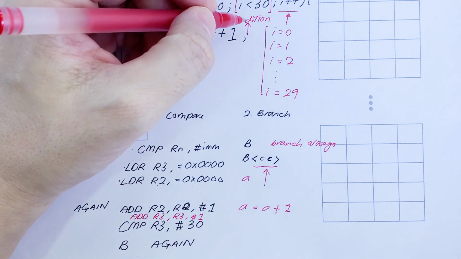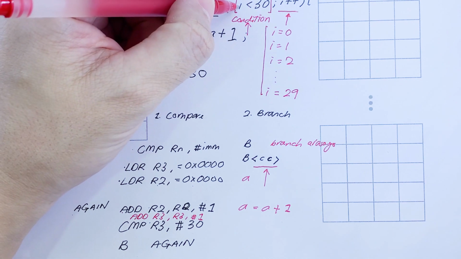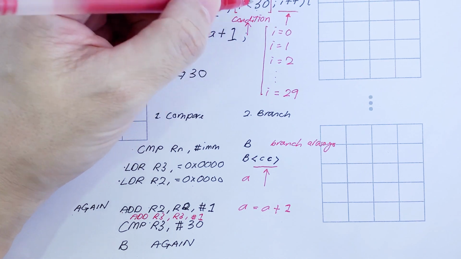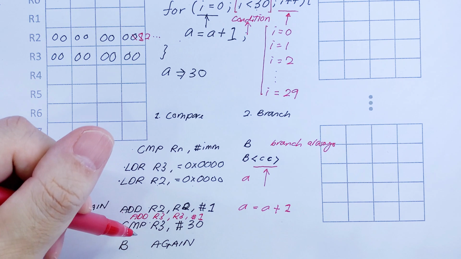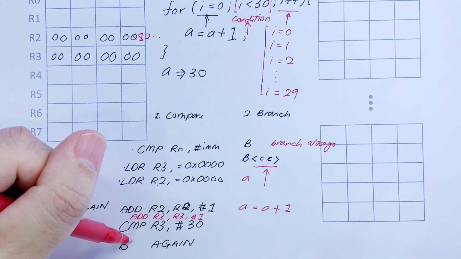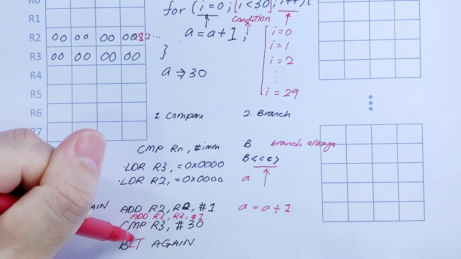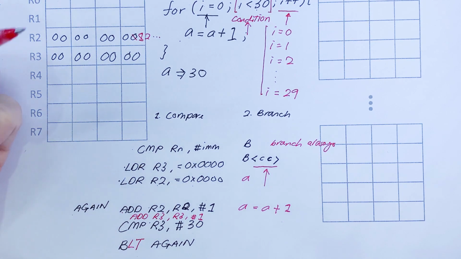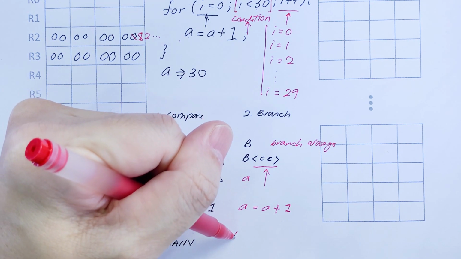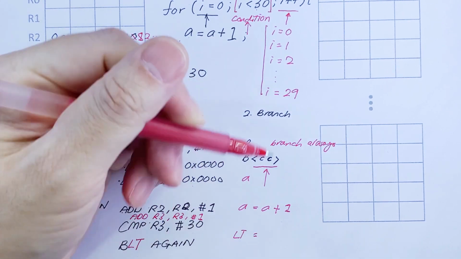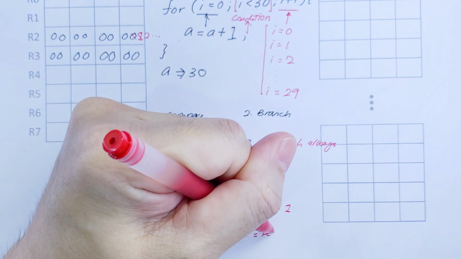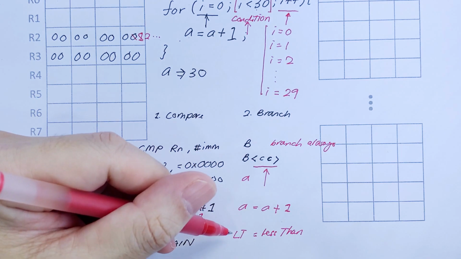In this case, we're going to do it as long as I is less than 30. So the way we implement it in the ARM processor is by using branch with the condition less than, which is represented by LT.